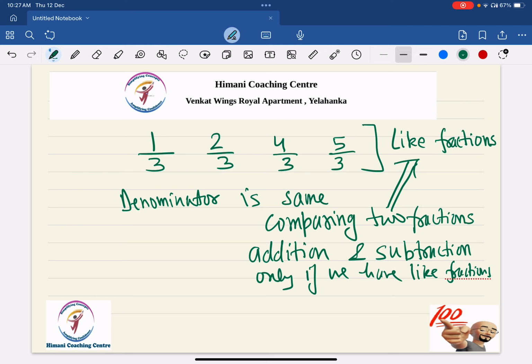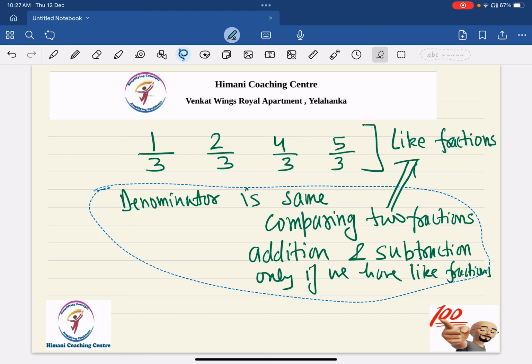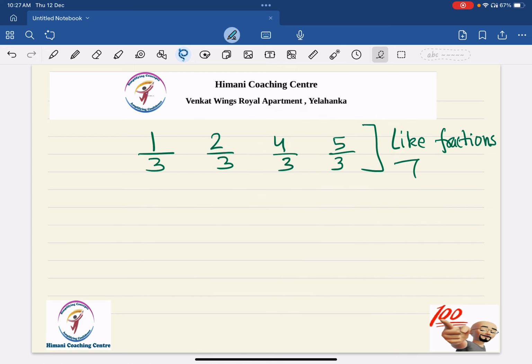So kids, what if I have, just give me a second, I will just make a note of this in your notebook. And now let us look at other kinds of fraction. So let us say I write 1 by 3, then 2 by 5, 1 by 7, or 9 by 13. What is happening? What are you observing here?